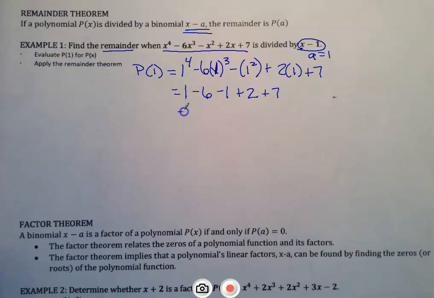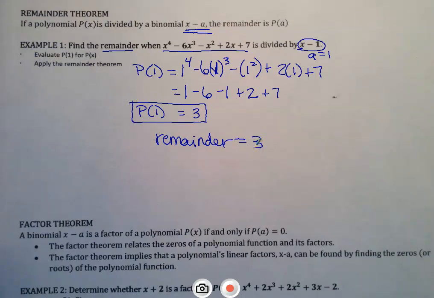So 1 minus 6, negative 5, minus 1, negative 6, plus 2, negative 4, plus 7, positive 3. Okay, and you could do it a little bit differently, but p of 1 equals 3. So that means our remainder is 3. That's really the answer to our question because it said find the remainder.